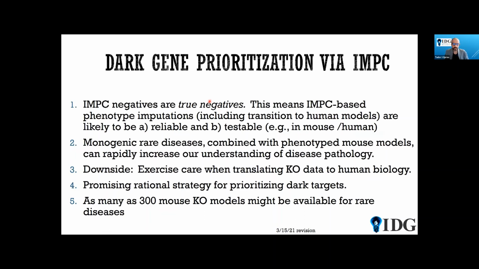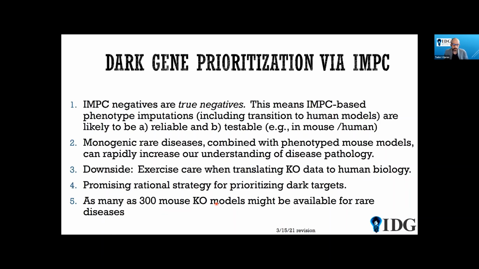And when the relationship is not available, then we can consider that to be a true negative. So when you think of monogenic rare diseases, which are associated with phenotyped mice, you could think of them as progressing straight to the relationship to a human disease. So with that in mind, perhaps as many as 300 mouse models could be available for rare disease research.